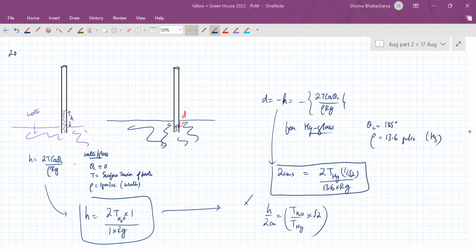In question 22 also, you assume that the capillary is made of glass and the contact angle between water and glass is almost 0 degrees. Okay, try it out with that information now.